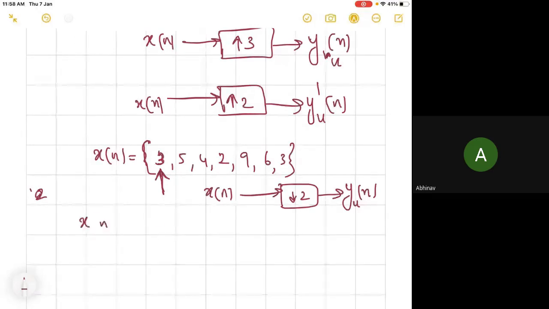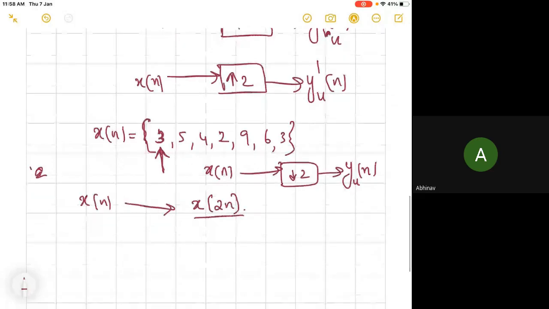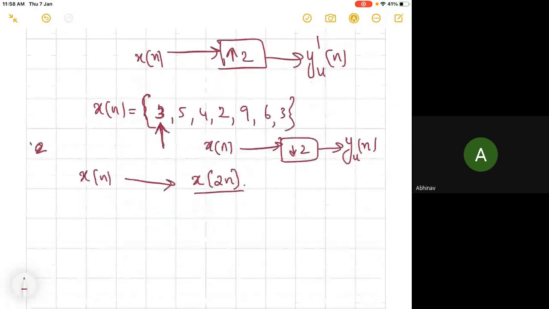What is basically going to happen to x[n]? If you take x[2n], suppose you take x[2n], what will be the signal? Can you try to draw x[2n]? You take n values 0, 1, 2, 3, etc.